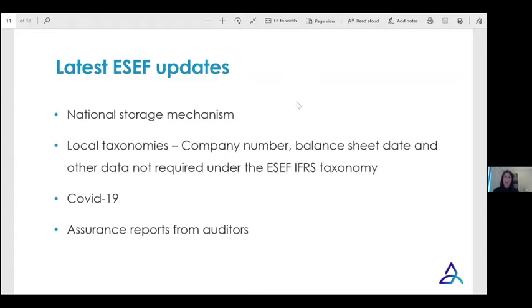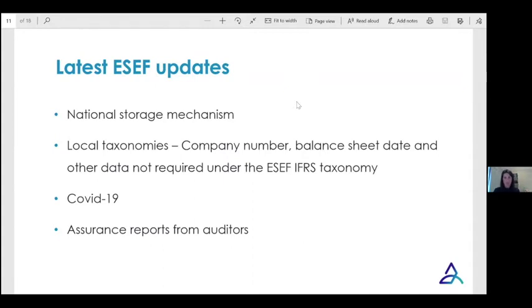So I expect there to be a handful, half a dozen to a dozen tags that we have to apply on top of the ESEF taxonomy to allow us to file the documents with the national storage mechanism. But that's still being fully clarified at the moment.